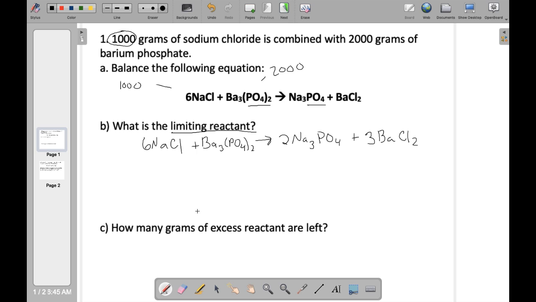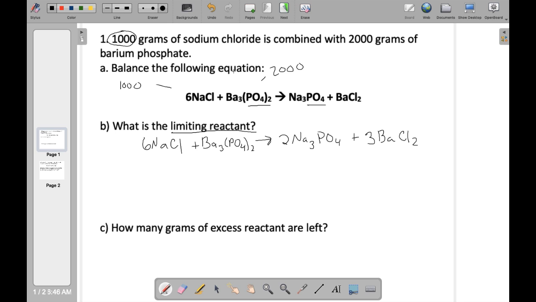Now, to find the limiting reactant, the easiest way is to do 2 mass-to-mass stoichiometry problems. Remember, if I have 1,000 grams of this sodium chloride and 2,000 grams of barium phosphate, they're going to combine together and create sodium phosphate and barium chloride.